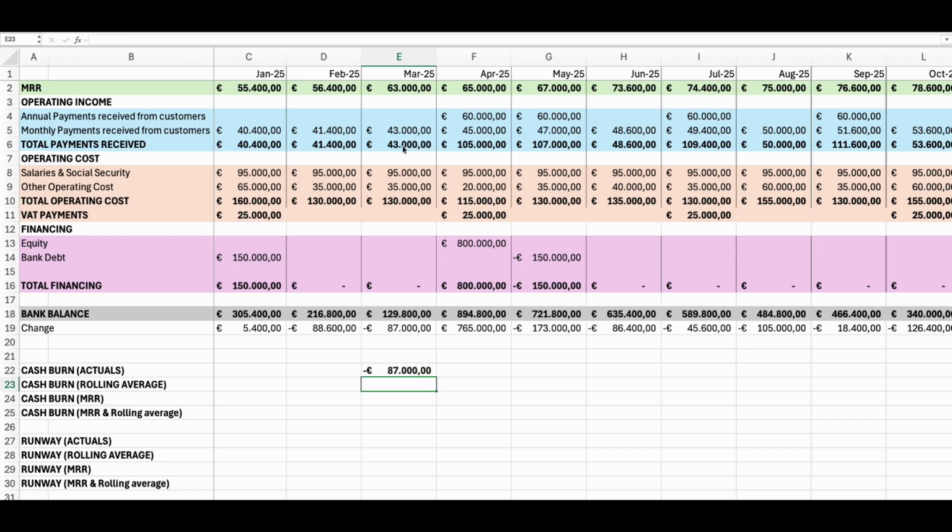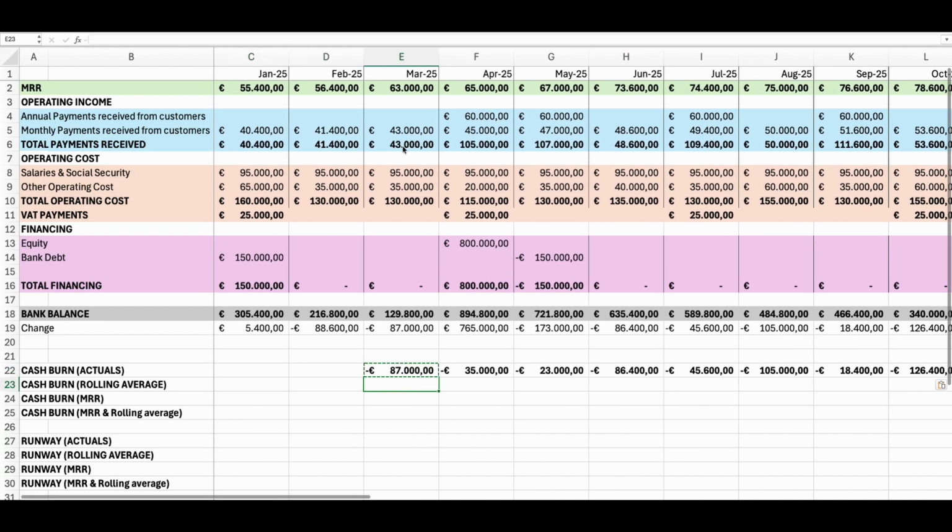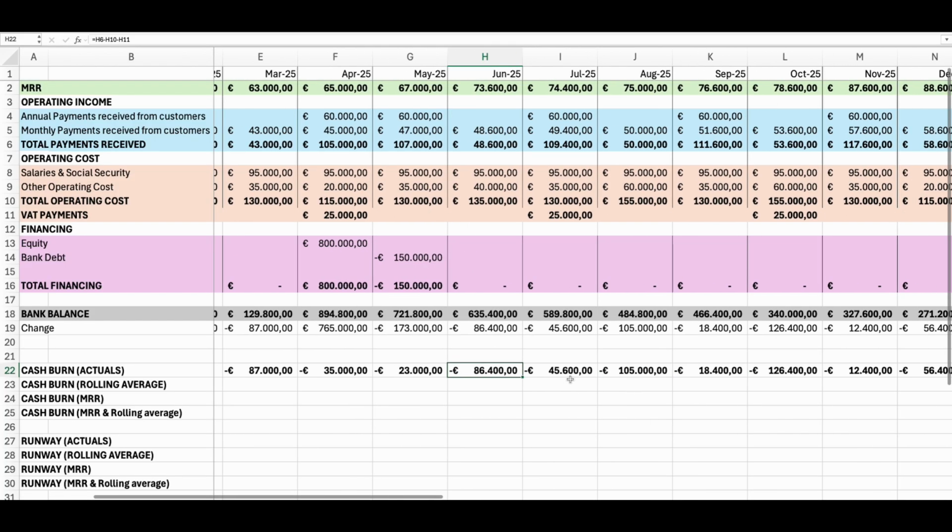So we take this here and we can calculate this forward. Now, if we look at this number, this is a classical net burn number. We would go from minus 87 to minus 35, minus 23, minus 86, and so forth.